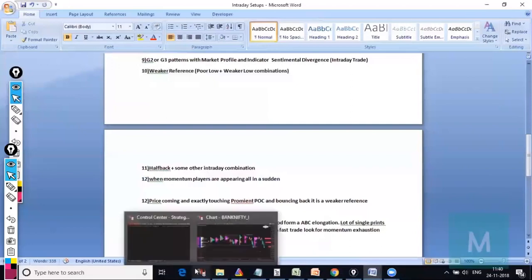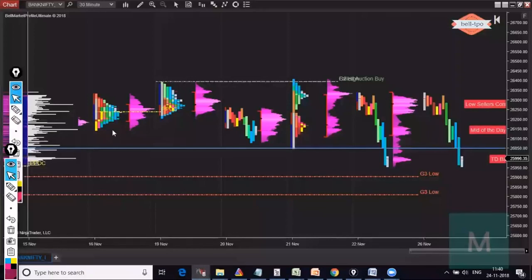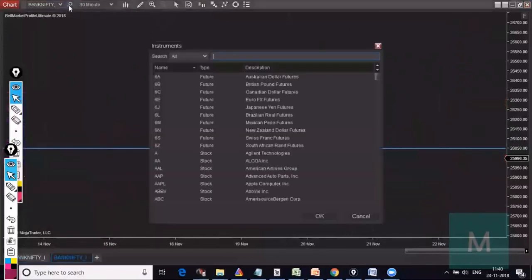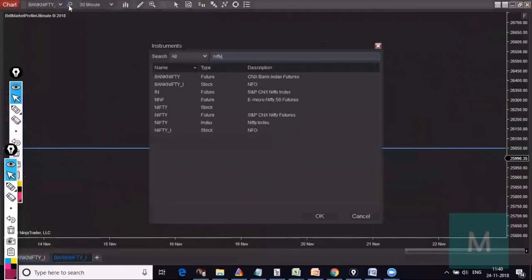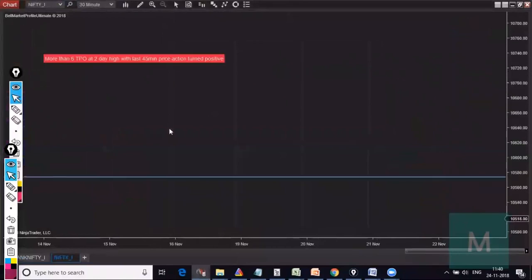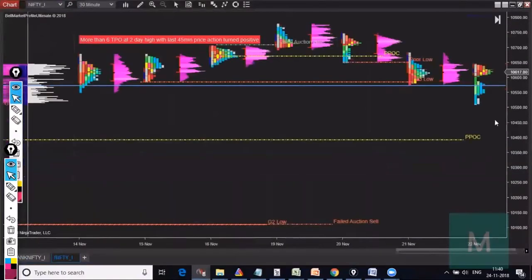So I think 2 days back, maybe if I pull out Nifty. This particular day we are monitoring.